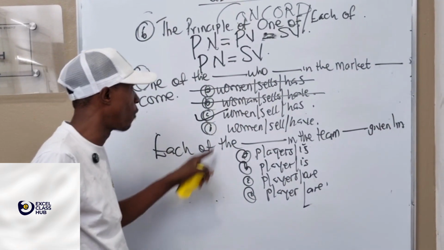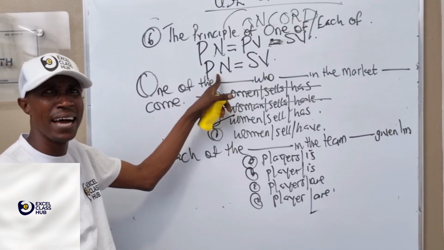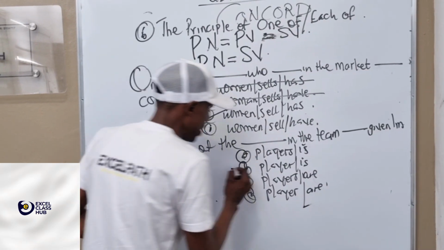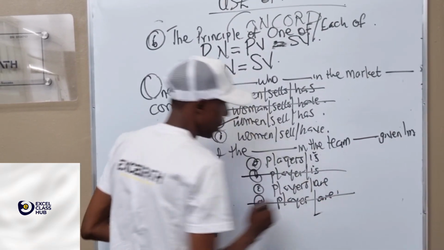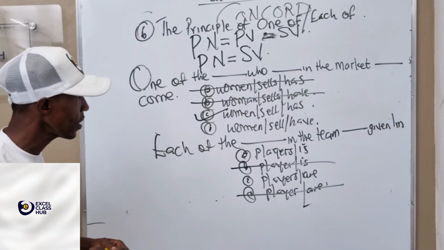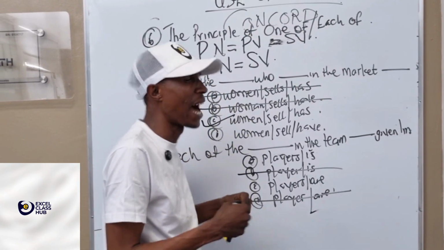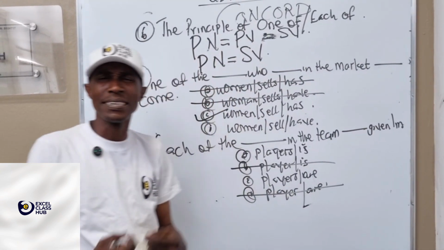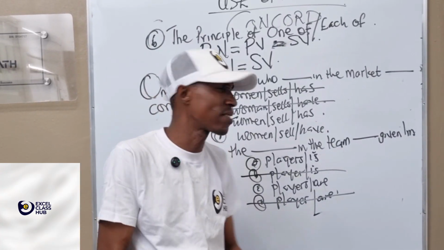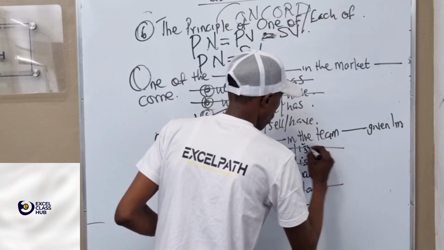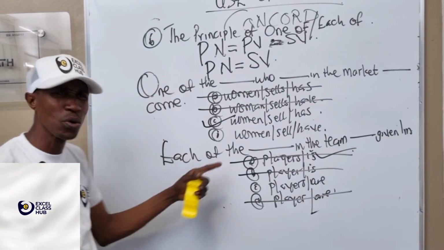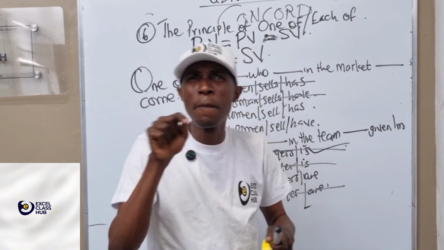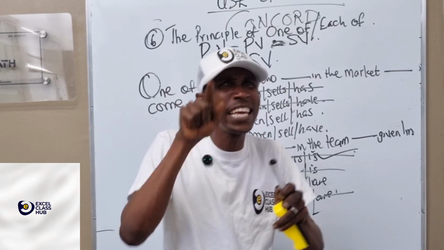This one says each of the, and we are told that it must go with a plural noun, and your plural noun here must be players. D is wrong. And we are told that after the plural noun, it follows with a singular verb. Our singular verb must carry S. And the correct answer becomes option A. So take note of this. The principle of one or each is different from the principle of one of or each of.